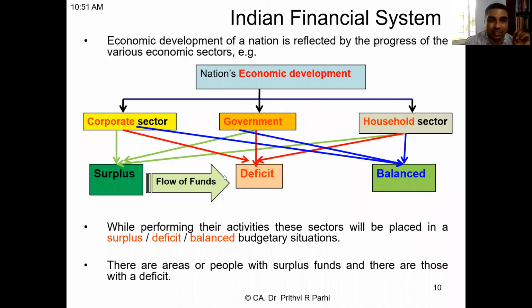Are you getting it? Yes or no? Yes, sir. So the financial system ensures that movement of finance, or movement of money, happens from the surplus sector to the deficit sector.